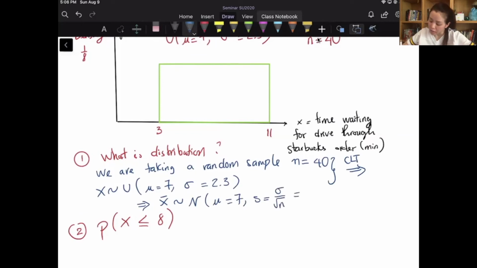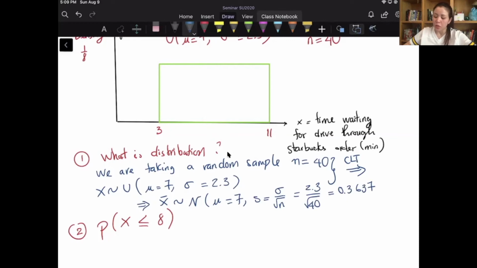And sigma here is 2.3, the square root of n is the square root of 40, so that will be equal to 0.3637. So the distribution we're going to use here is the normal distribution according to CLT.